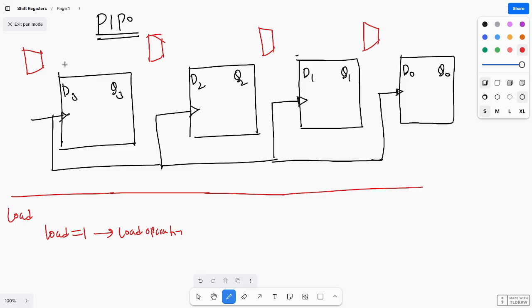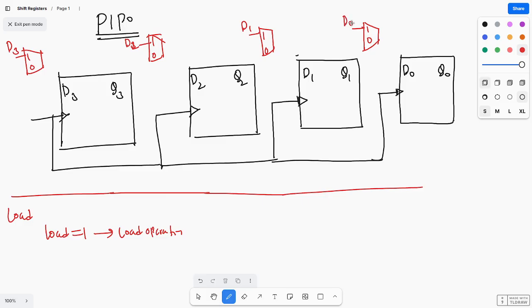Parallel load means it is connected to the inputs I0 and I1 of each mux. D3 is connected to input I1, and likewise D2, D1 and D0.